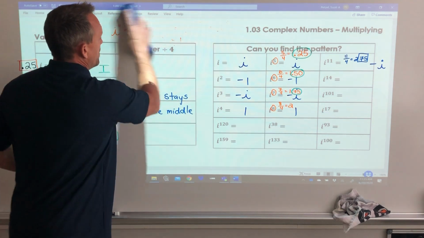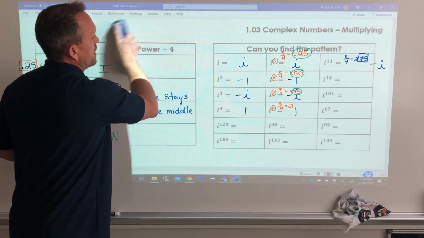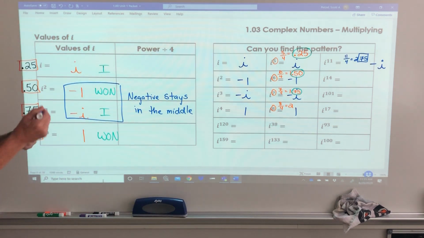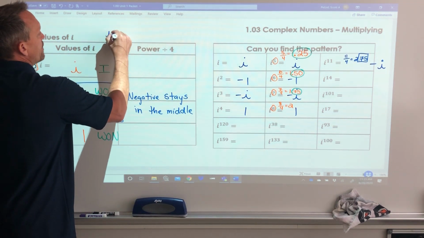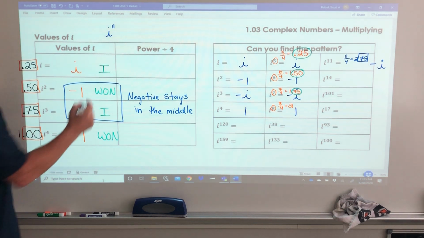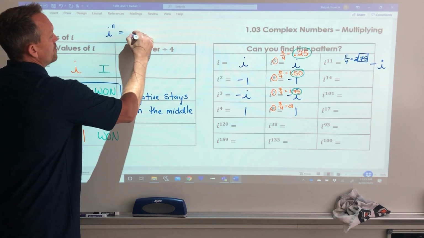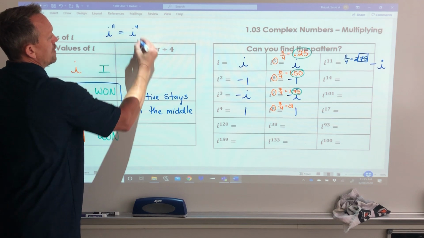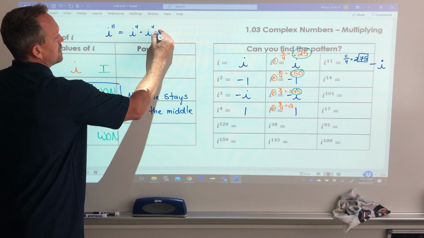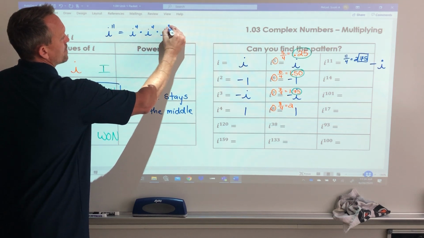Let me erase a little bit up here since it's in the middle, and let me do that i to the 11. No different than how we broke these things apart, this is equivalent to i to the 4 times i to the 4 times i to the 3.